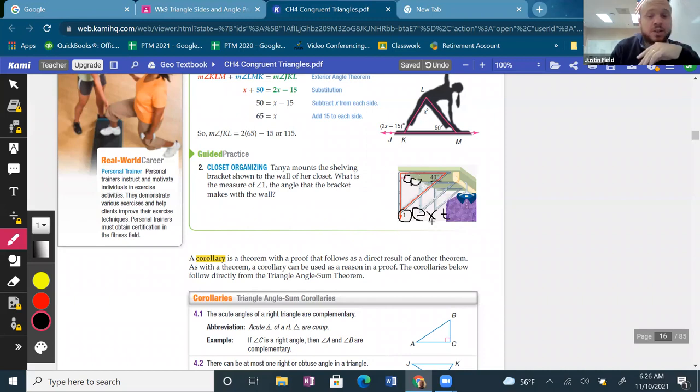So what is the measure of this exterior angle? Well, I can just add these two, 90 plus 40. Isn't that handy dandy? I can figure out angle 1 by knowing angles remote to it. 130. All right, so it's 130.